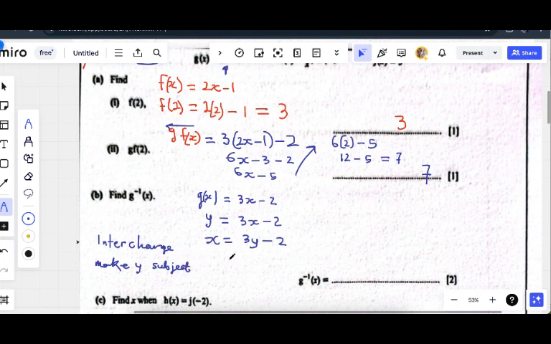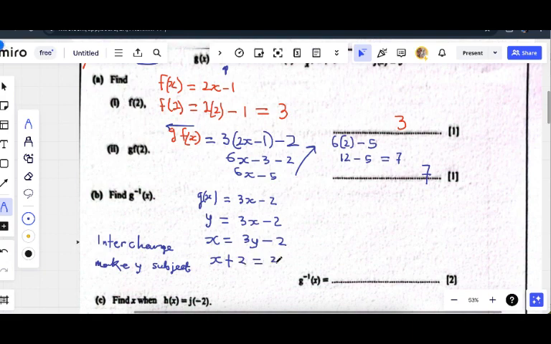So after you've done that, you say x, you bring this minus 2. When it comes here, it becomes plus 2, right? So you say x plus 2 equals 3y because we want y to be on one side.